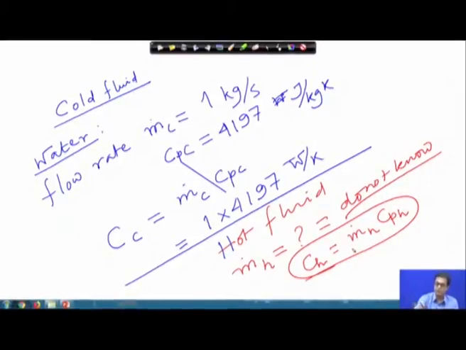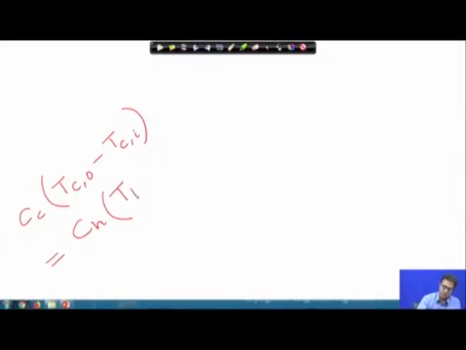For that we will use another relation, where we know that Cc multiplied by (Tco minus Tci) is equal to Ch multiplied by (Th in minus Th out). From this relation, we see that Tco is known, Tci is known, all these temperatures are known, and also we have obtained Cc.